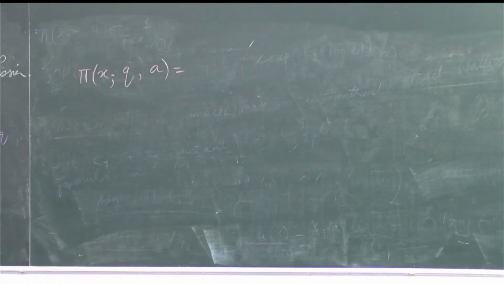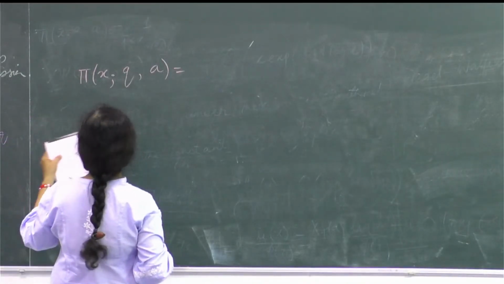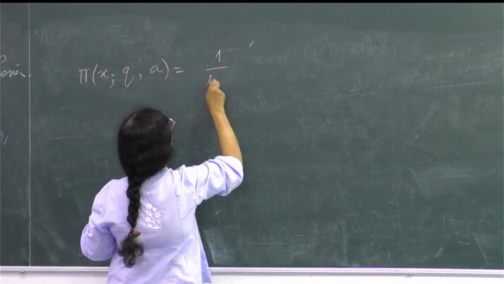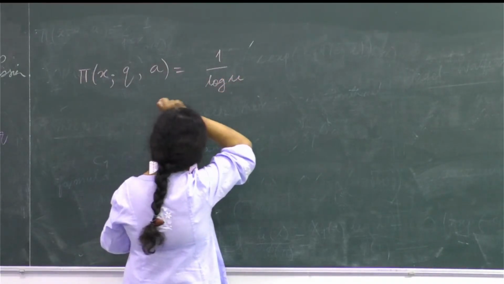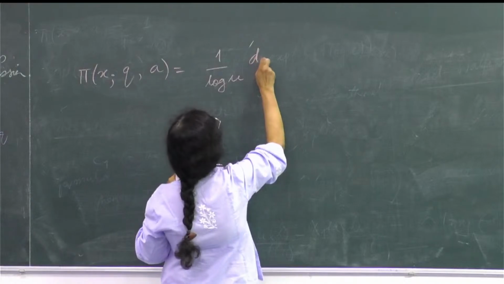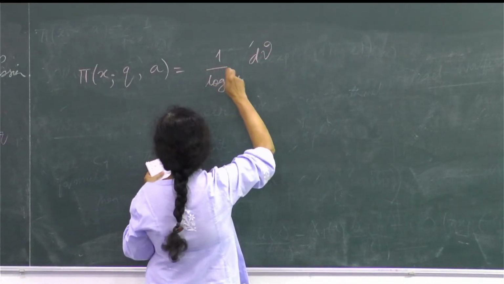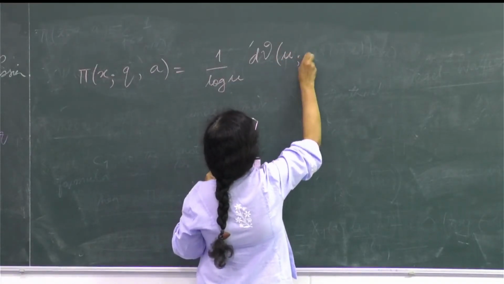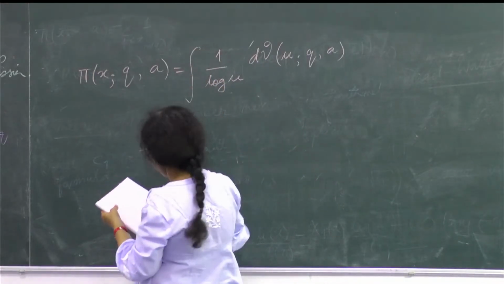So theta takes the sum of log p. So you have a log p, which means you have a 1 by log p. We won't call it p, we'll call it u. And then you take the derivative of theta of u, q, a, and you integrate this.